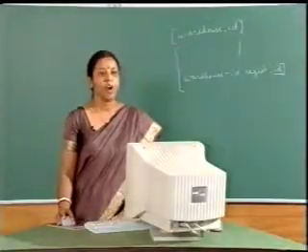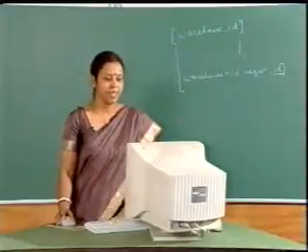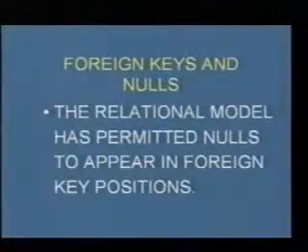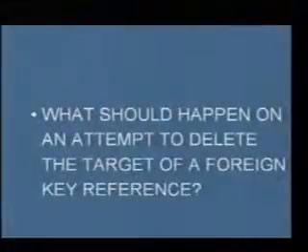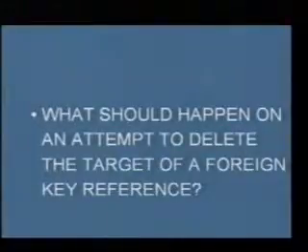Now the concept of foreign keys and nulls. The relational model permits nulls to appear in foreign key positions. There may be one question again: what should happen on an attempt to delete the target of a foreign key reference?